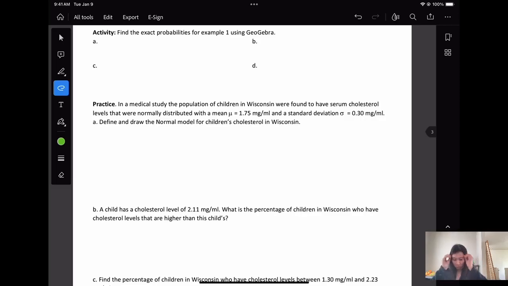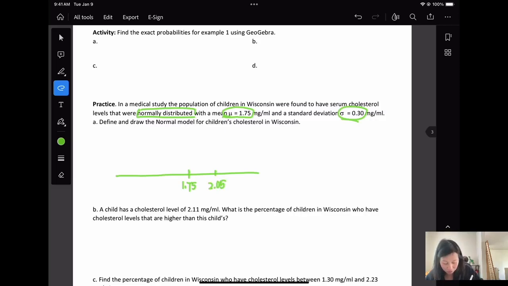Okay, so we know that the mean is 1.75. When we define them, we know that it's normally distributed because here it tells us that this is going to be normally distributed. The center is going to be the mean, 1.75, and then one standard deviation away means you add 0.3 to the mean, which is 2.05.